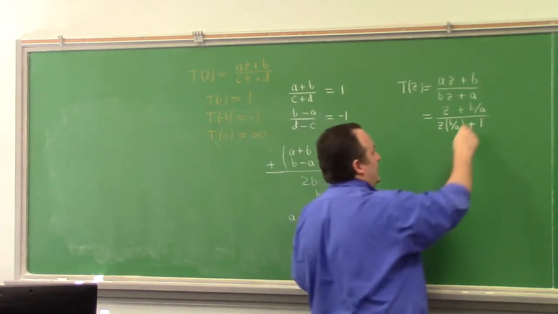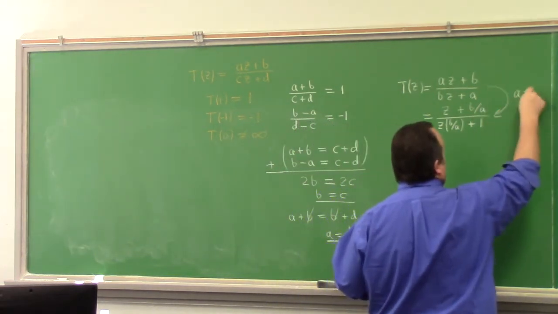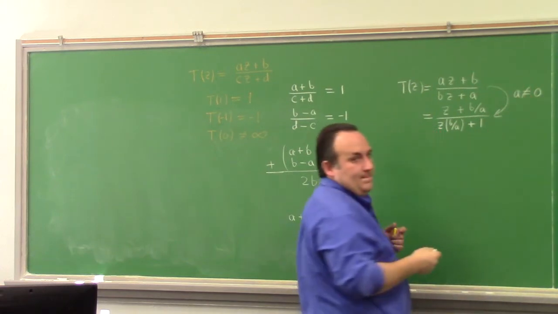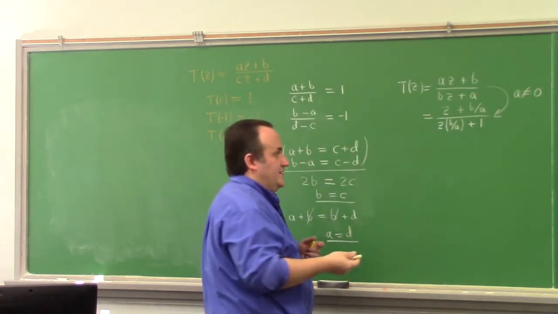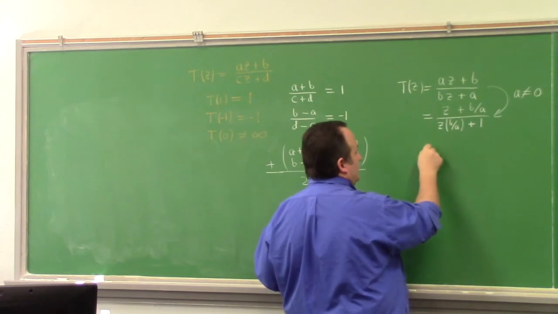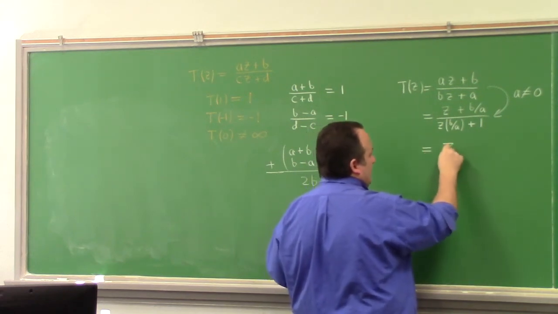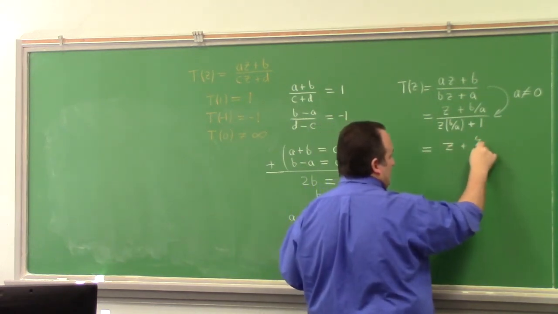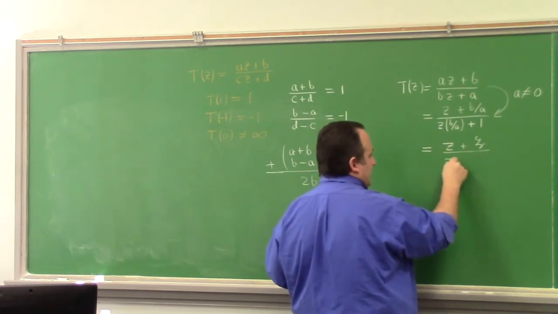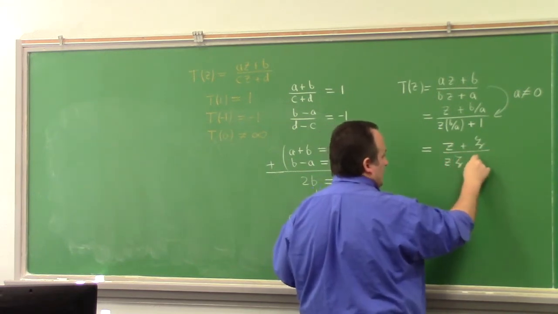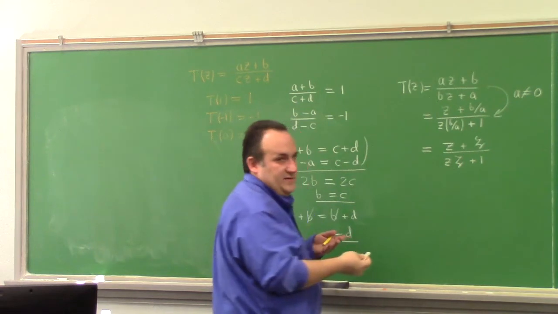Now, in order to do that, I need what? I need a not equal to 0, right? So we'll come back to that in a second here. But if we let b over a equal to zeta, there you go. We've got z plus zeta divided by z zeta plus 1, which is what we were asked to show, right?